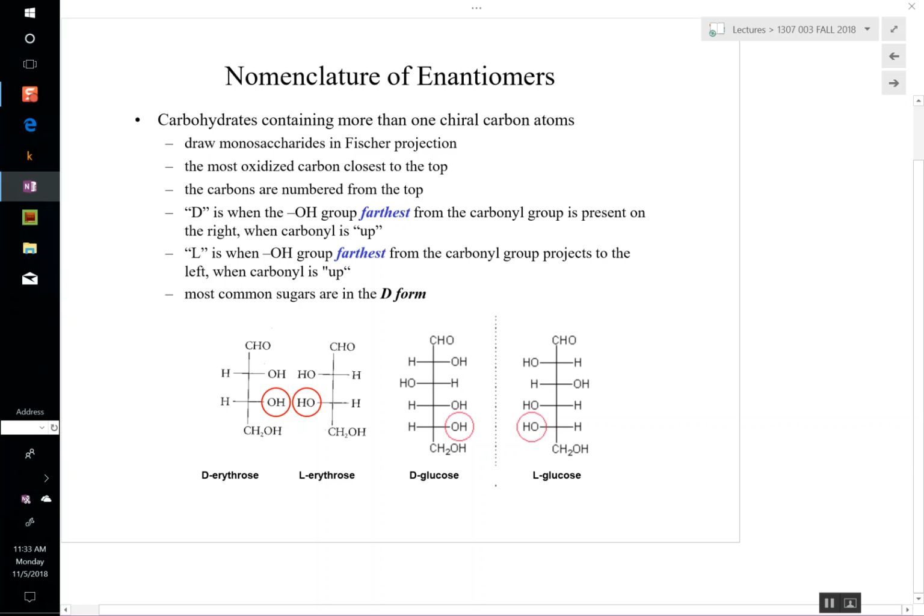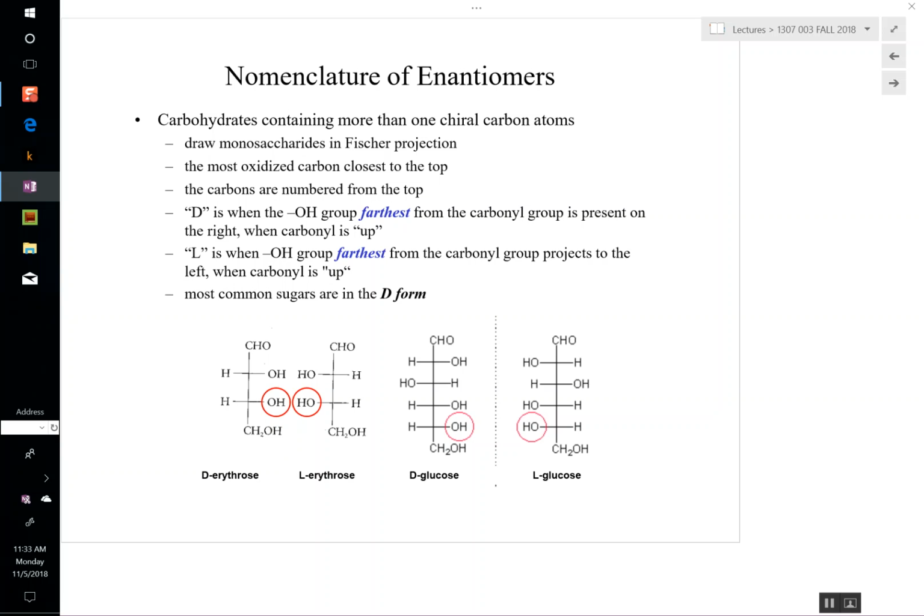Yeah, nature produces D-glucose. And if we produced glucose synthetically in the lab, which we could, we would probably make a 50-50 mixture of the two isomers.